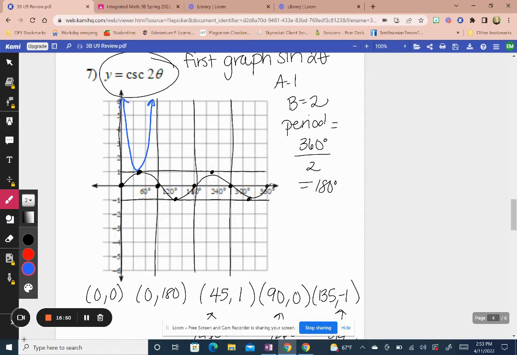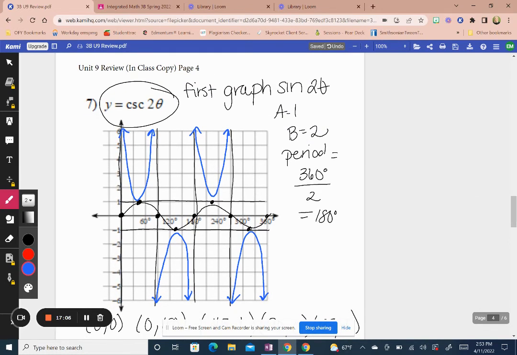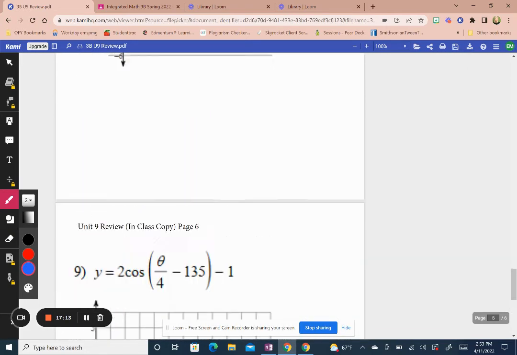This one looks like a U. Then we're going to reflect and create an upside down U. Okay. Fantastic. So this is going to be our cosecant function, okay? And we've got 2 more problems left.